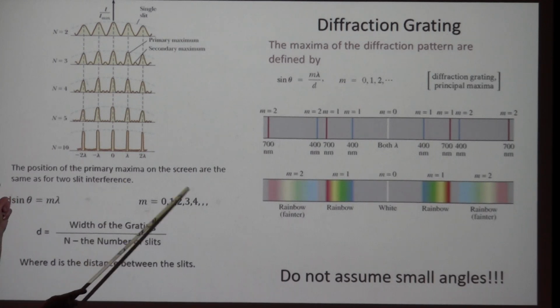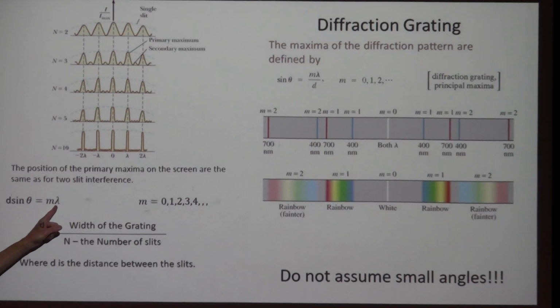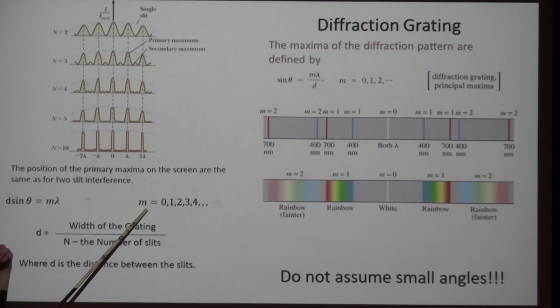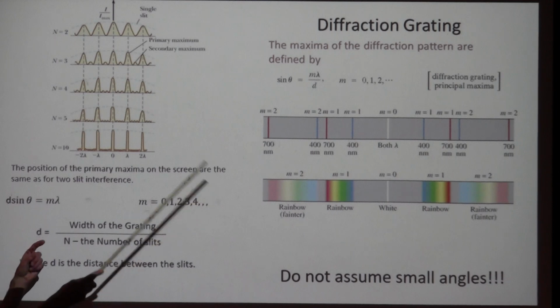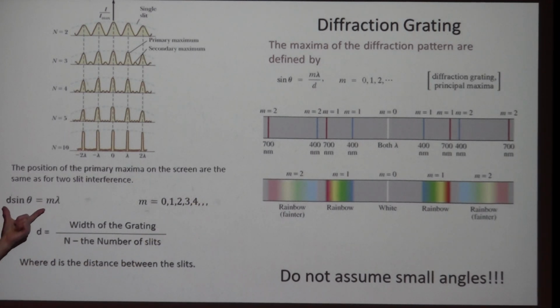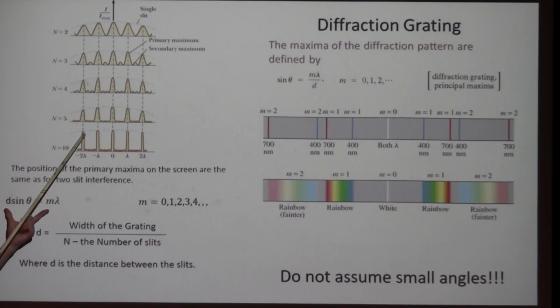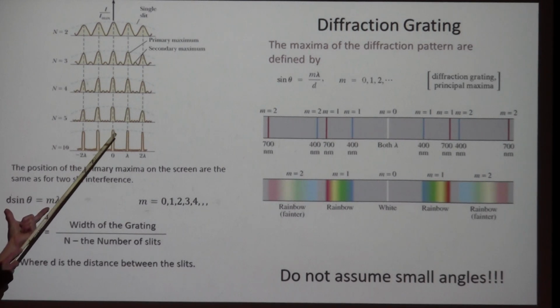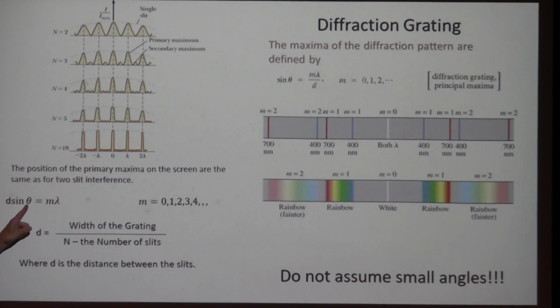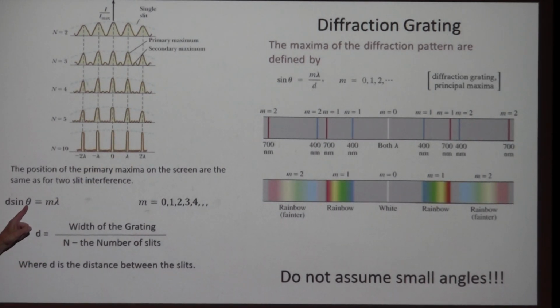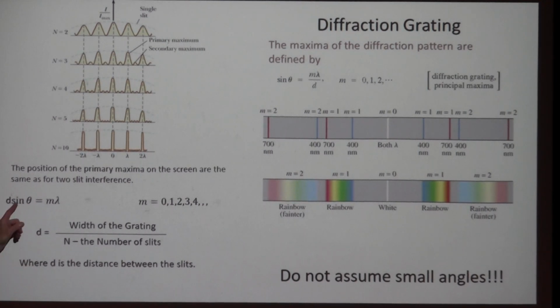The primary maxima are the same for the two. So d sine theta is equal to m lambda, where m can take on the value of 0, 1, 2, 3, 4, and so on, and that will describe the positions of the maxima in terms of the angle out on the screen or out into space.